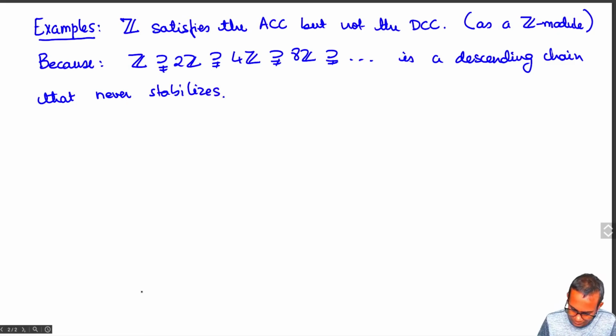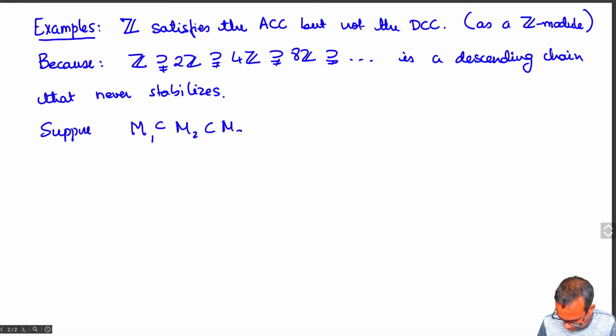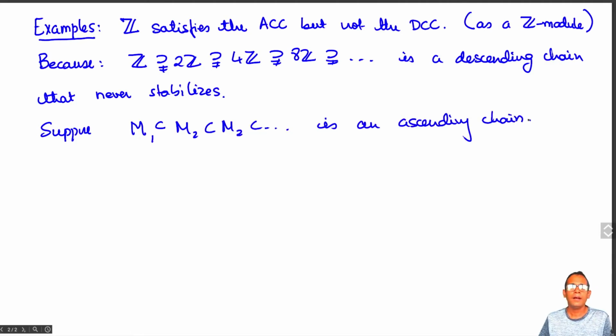Okay, and the other way, suppose we have M1 contained in M2 contained in M3 is an ascending chain. Suppose at least one of these is not 0. So if Mi is not equal to the 0 module for some i.